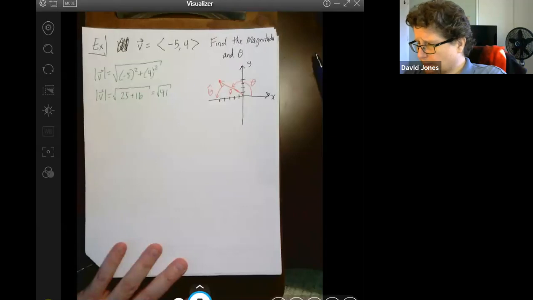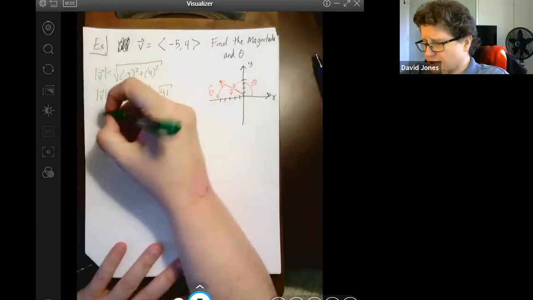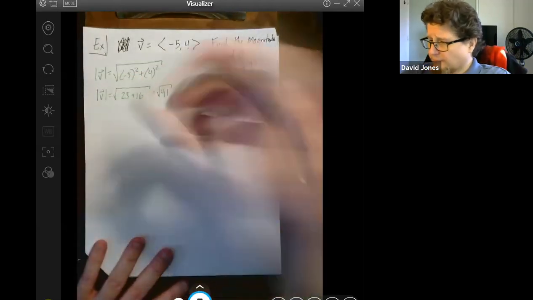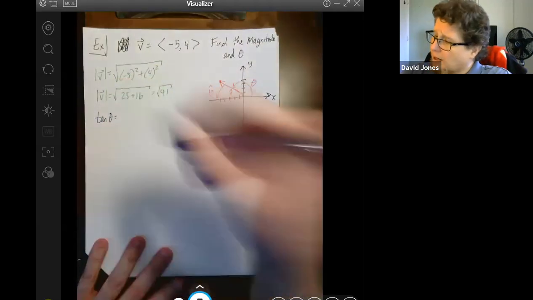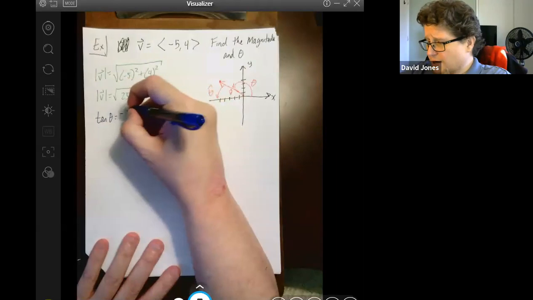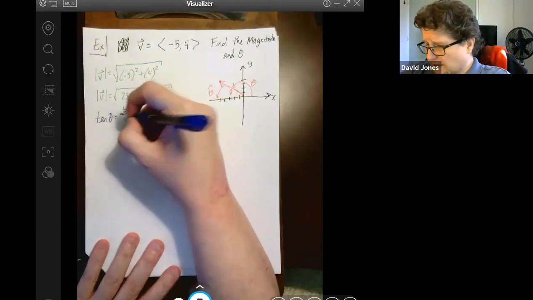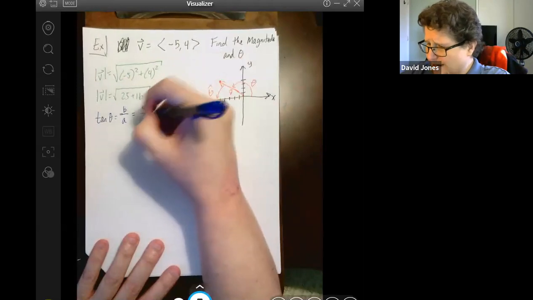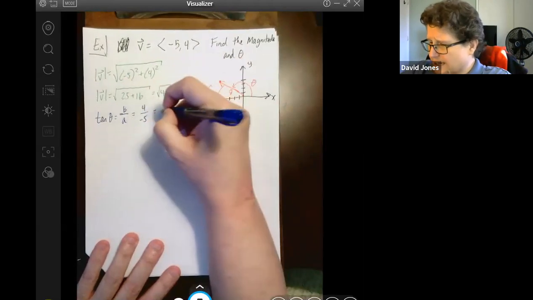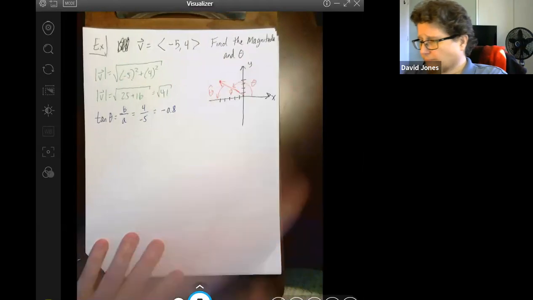Okay. Tangent theta is b over a, which is 4 over -5, which is negative 0.8.